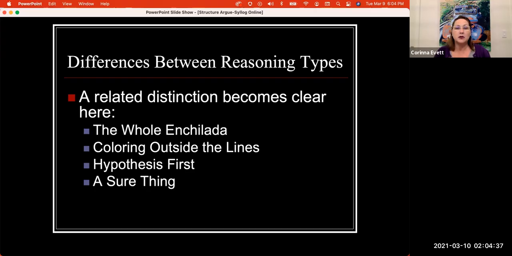As I mentioned earlier, sometimes the premises can lead to multiple conclusions. And there's a probability that they could lead to the multiple conclusions in the same way, and be logical for each. Hypotheses first. Sometimes with our inductively reasoned arguments, we begin with a hypothesis.